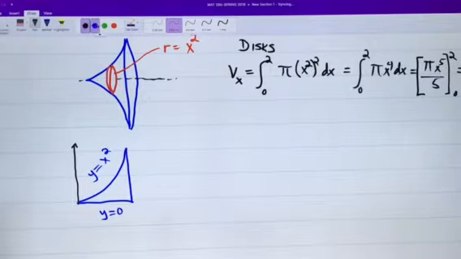In the setup, the projected radius is going to be at x, and in the case of the height, h of x is going to be at x squared.